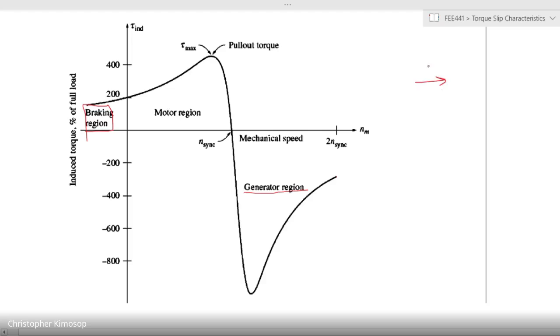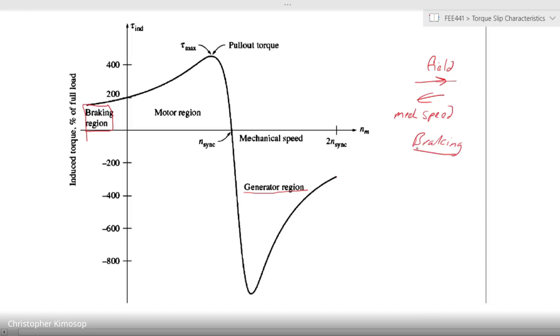If your rotating magnetic field is moving in one direction and the actual mechanical speed is in a different direction, the field tends to drag the motor in the other direction. And that is why you have a braking effect. That is what we make use of when we are braking.